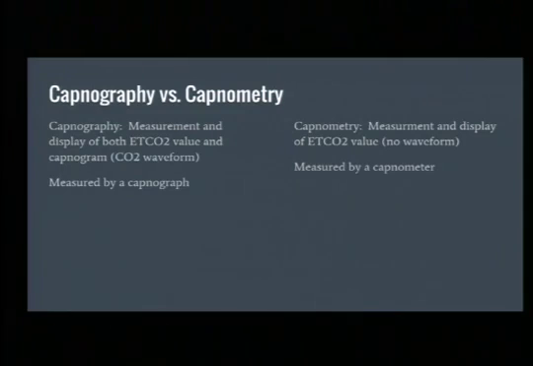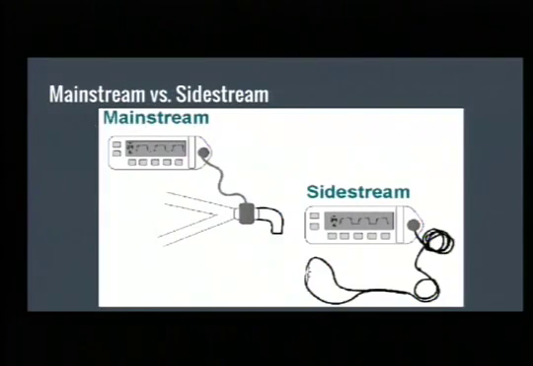Capnography is a measurement of both your end tidal value and your waveform, called the capnograph. Capnometry is just that number; you're not going to see the waveform. Some of the smaller transport agencies get just a number, because they're cheaper than an actual waveform.